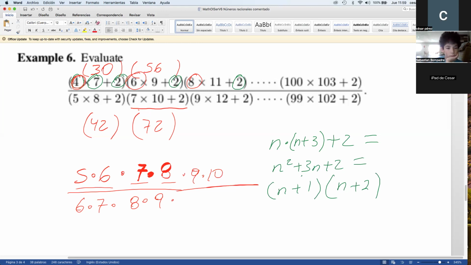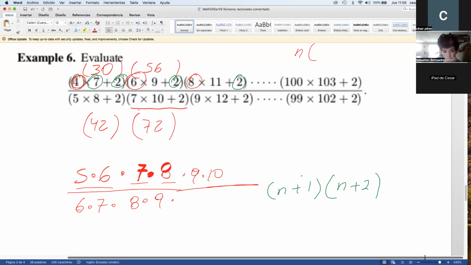Okay. If we continue working with this, we will have, maybe, n times n plus 3 plus 2 is equal to n plus 1 times n plus 2.